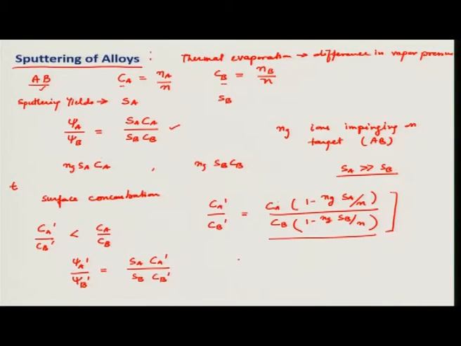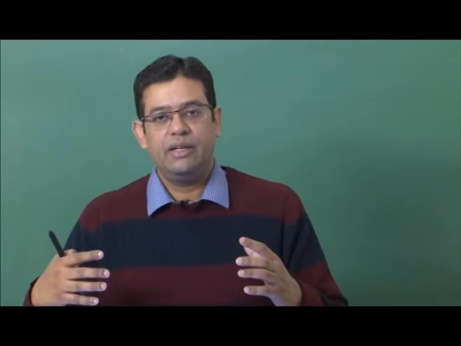Now if Sa is higher than Sb, at some point psi B dash will be higher than psi A dash. Here psi A was higher than psi B. Now I have more sputtered flux for B.